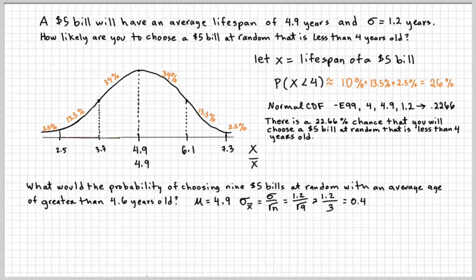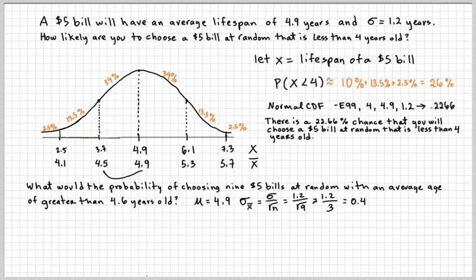So what we're going to do is we have our new random variable x bar. And now we have a mean of 4.9, and now we're going to add 0.4 to 4.9 to give you 5.3, and another 0.4 to give me 5.7. 1 standard deviation, 2 standard deviations. And then 1 standard deviation below, subtract 0.4 from 4.9 is 4.5, and then subtract another 0.4 from 4.5, gives you 4.1.